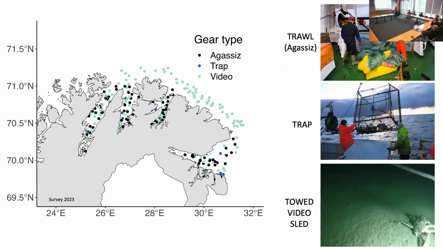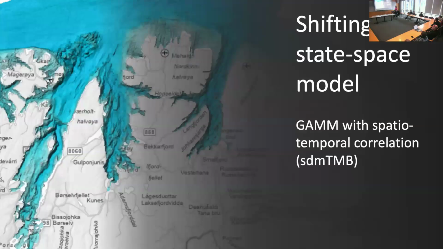This is a good opportunity to test the model, instead of a very site-specific calibration of these different methods and surveys, in a very cost-effective way, just from our computers.